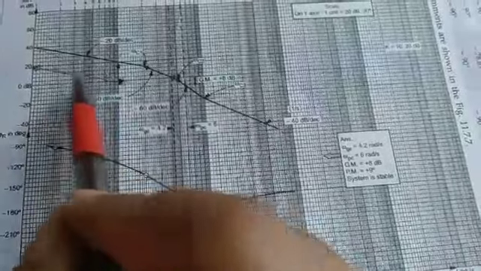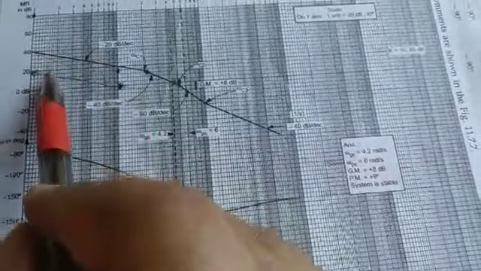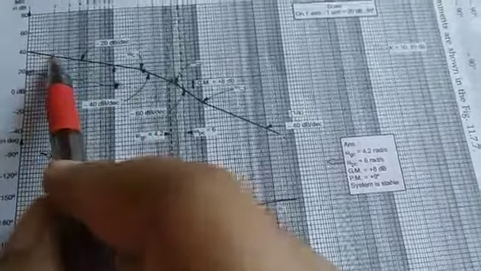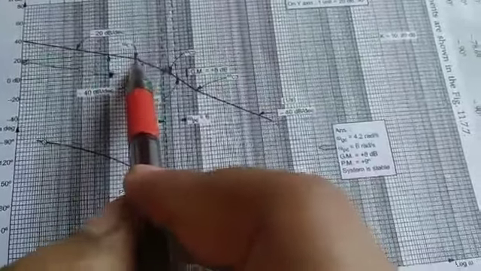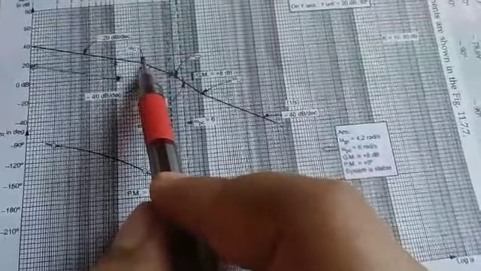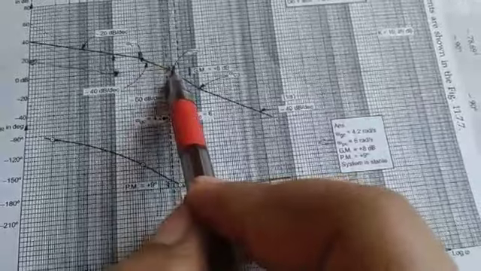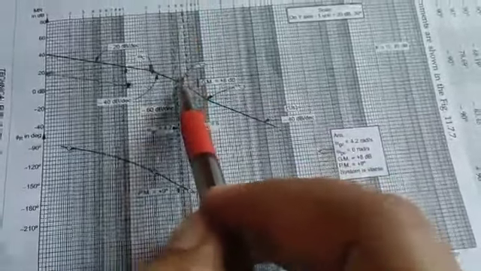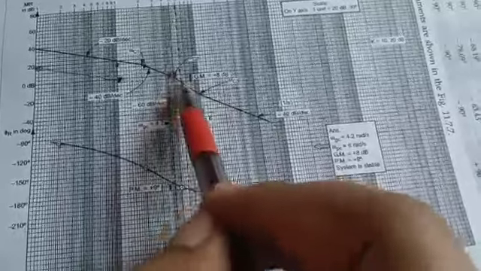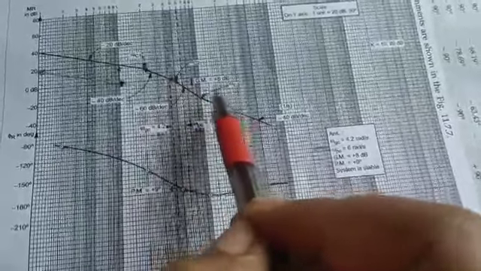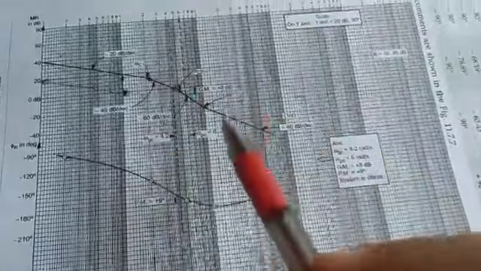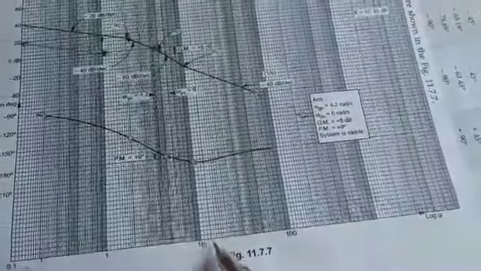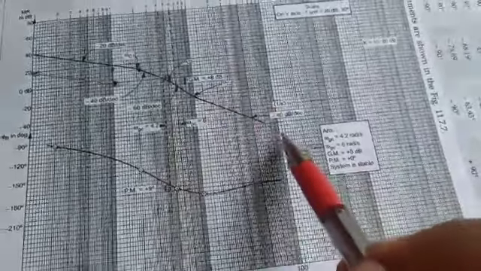So mark a straight line from minus 20 dB and draw parallel up to omega c1. After continuation till omega c2, mark omega c2 is 5, and continuation till omega c3, the value is 10. Next, up to infinity.